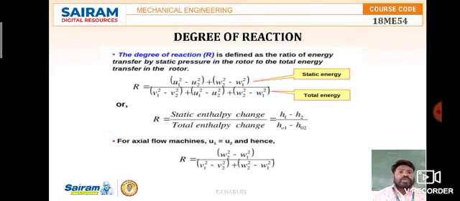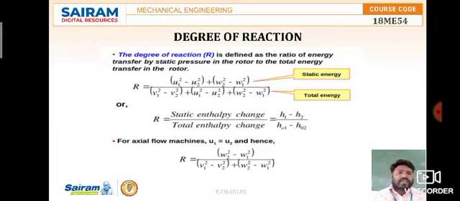R is equal to U1 square minus U2 square plus VW2 square minus VW1 square, divided by V1 square minus V2 square plus U1 square minus U2 square plus VW2 square minus VW1 square. If you look at this equation, the numerator is nothing but static energy, and the denominator is total energy.